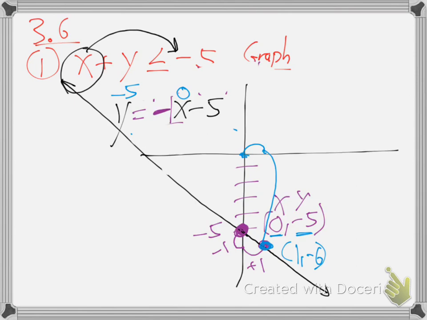If you put in 1 here and negative 6 here, you're going to get negative 6 is negative 1 times negative 1 minus 5. Negative 6, wait a minute, that didn't work. Oh, not positive 1 because I messed it up. Minus 1 minus 5, negative 6 equals negative 6. You probably can't even read that, I'm writing small. It's true. So I'm showing you that all the points right along this line make this statement true.